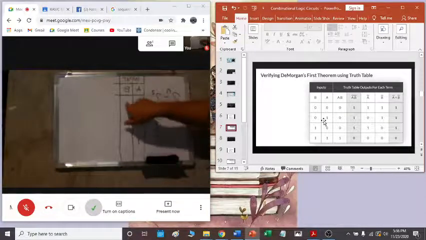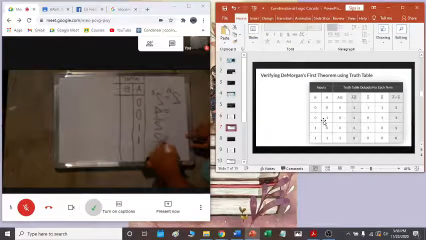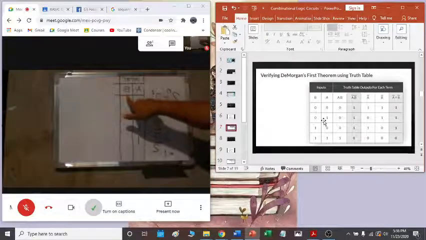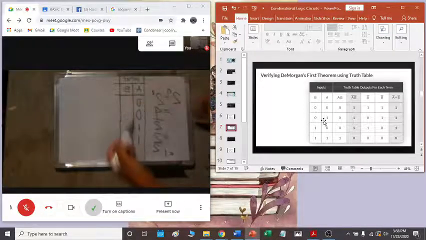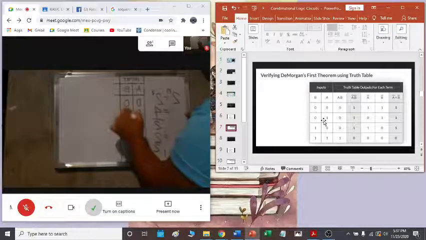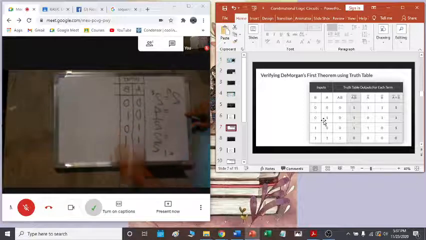Then for your second input, you divide by 2 again. 2 divided by 2 is equal to 1. So for your B input, the combination is one at a time: 0, 1, 0, 1.